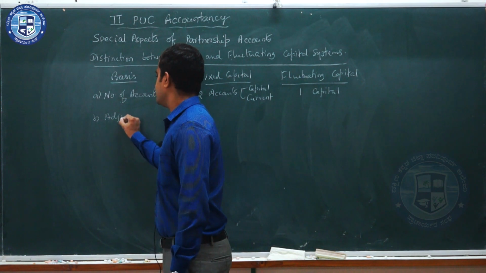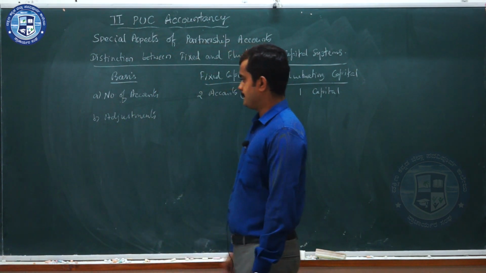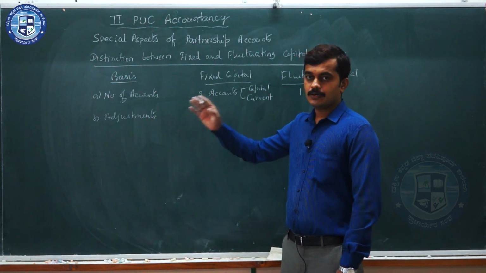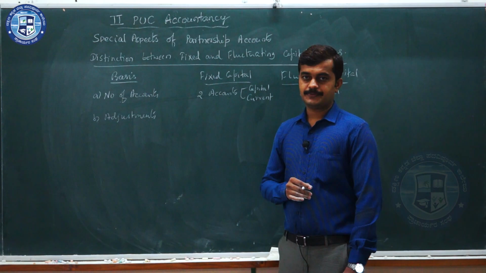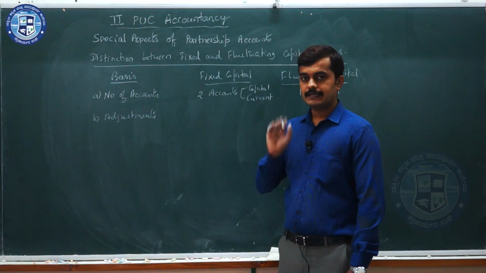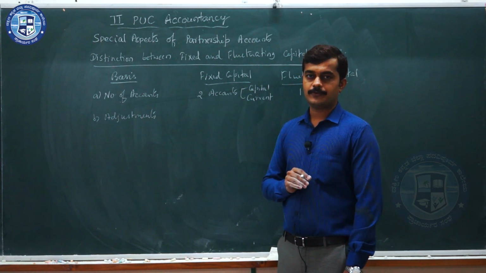Second basis is adjustments. So here adjustments mean those 5 transactions: drawings, interest on capital, interest on drawings, remuneration, and share of profit or loss.